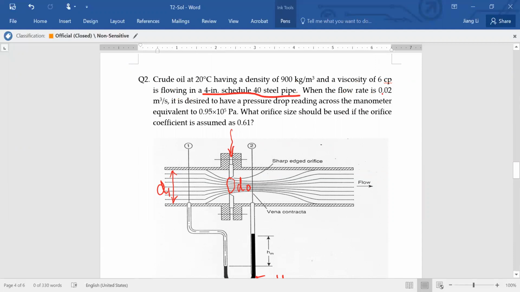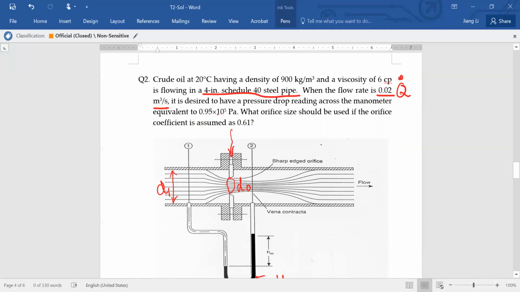Then when the flow rate is 0.02 meter cube per second, what is this? This is a volumetric flow rate, Q dot, right? Then it's mentioned it's desired to have a pressure drop reading across the manometer, which is equivalent to 0.95 times 10 to the power 5 Pascal.